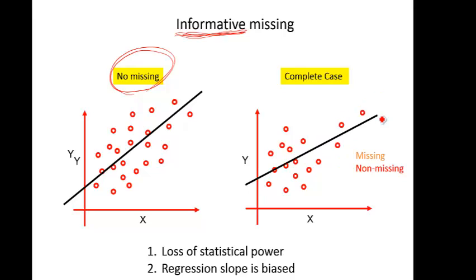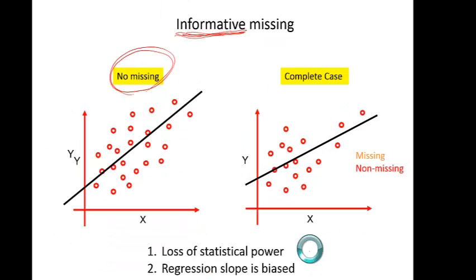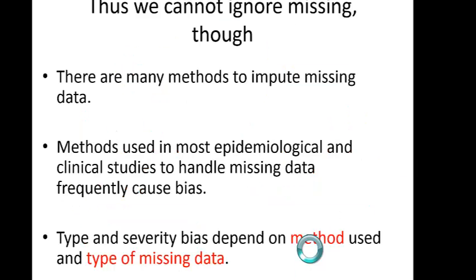Okay, so when you have informative missing, the regression slope can be biased, and also with fewer observations, you lose power. So we do need to know what type of missing you have. And there are many methods developed to impute missing data. And the methods used in most epidemiological and clinical studies to handle missing data actually are not perfect.